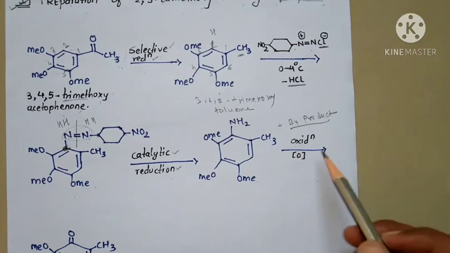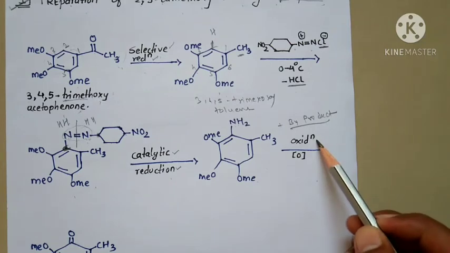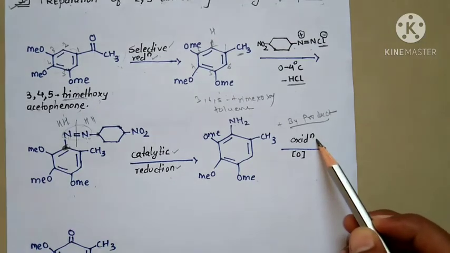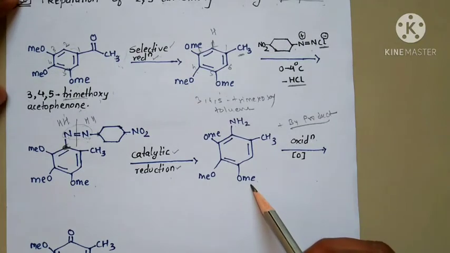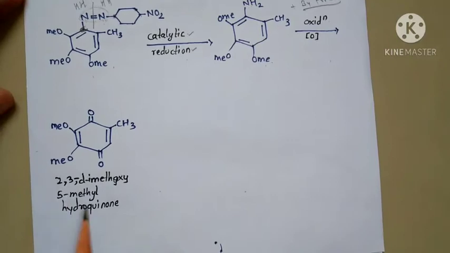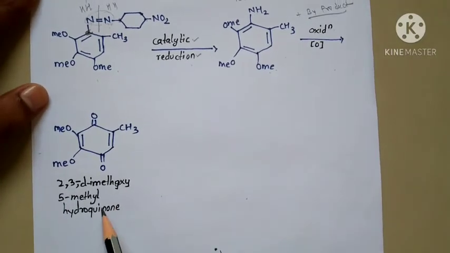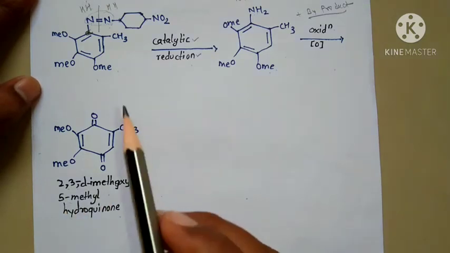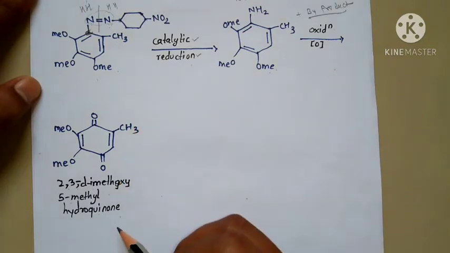After that, oxidation takes place of this reactant molecule, then you will get the first step product, that is 2,3-dimethoxy 5-methyl hydroquinone. What is the structure of this hydroquinone?